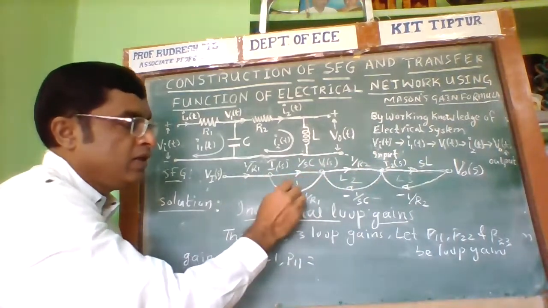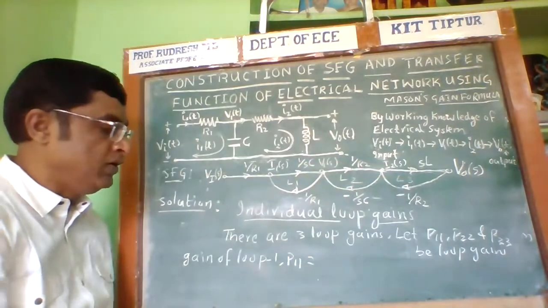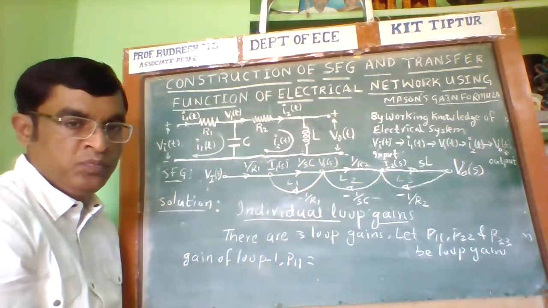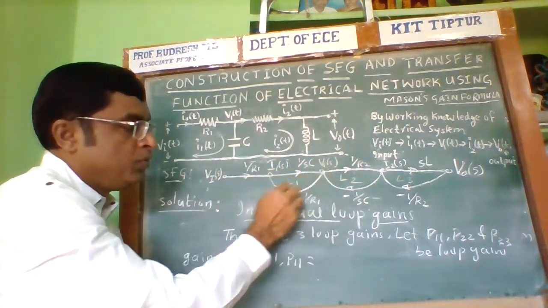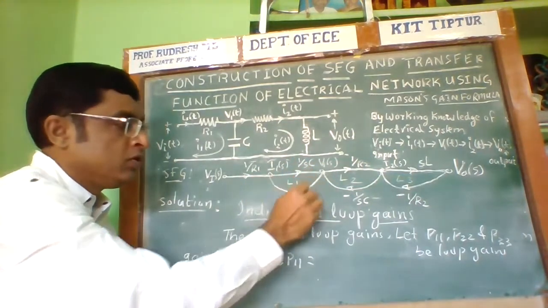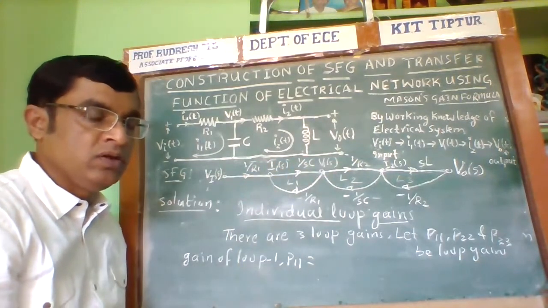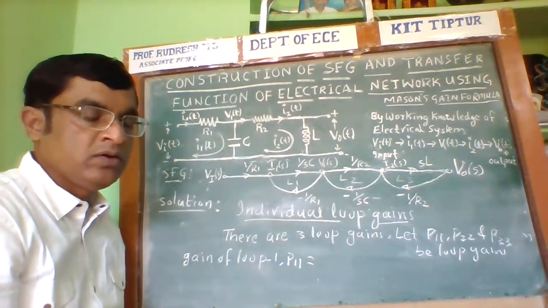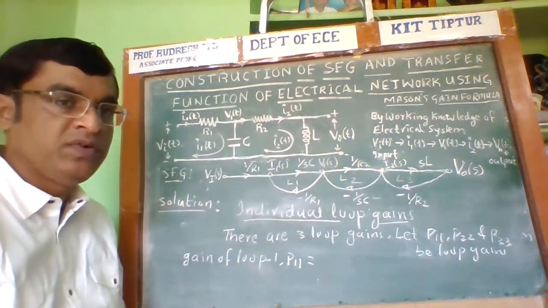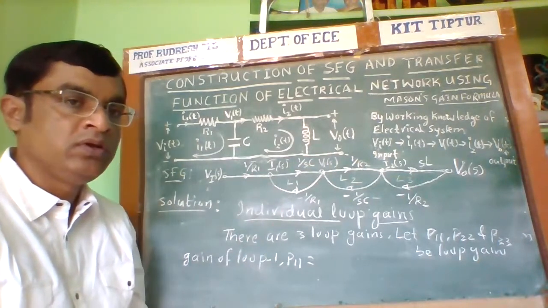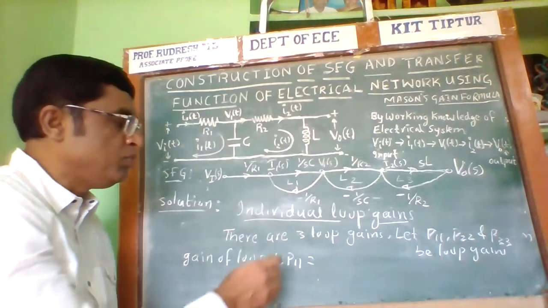We need to calculate the gain of loop 1, loop 2, and loop 3. The gain of loop 1 is denoted by P11. What is a loop? A loop is a closed path that starts and ends at the same node.